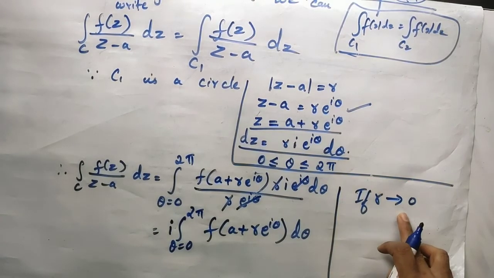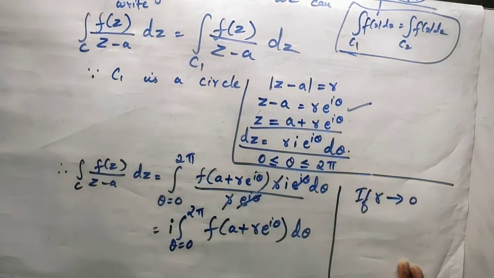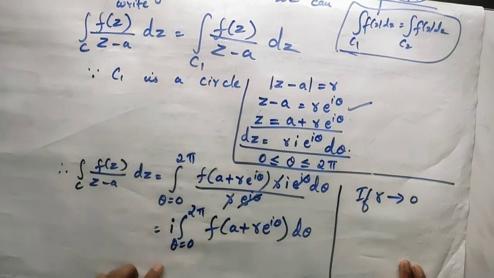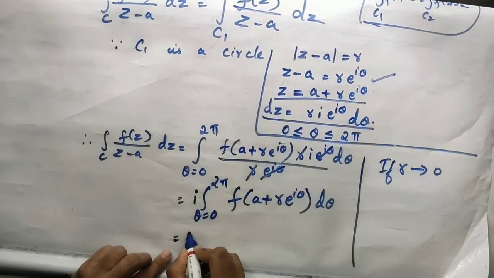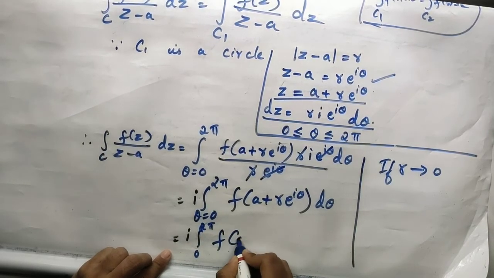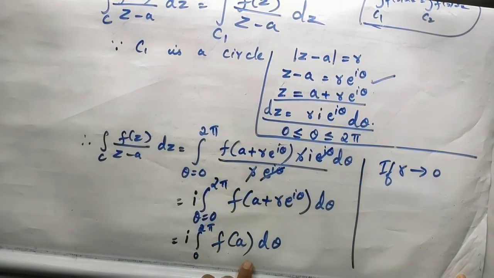So you have to consider the smallest possible circle that can enclose the point a, so that this part of your f of a plus r into e to the power i theta has no significance, meaning it turns to 0. If r is tending to 0, what will happen to this? It will be i integration, theta going from 0 to 2 pi, f of a. This has no significance, so I am going to remove it. So you will have something like this.